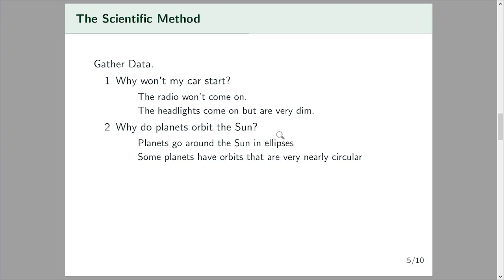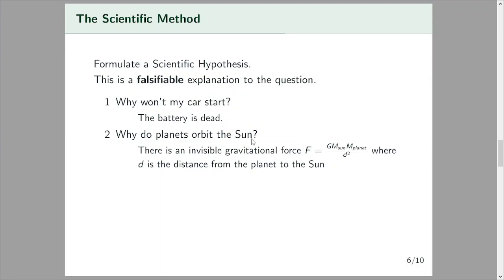It looks sort of like an oval, as the paths that planets followed, from the data of a different scientist named Tycho Brahe. And we'll probably talk about those guys towards the end of the semester. Some planets also have nearly circular orbits, so that's some data. If you were trying to understand why the planets orbit the sun, you might gather other data. But those are some bits of data you could gather in trying to answer your question, right?